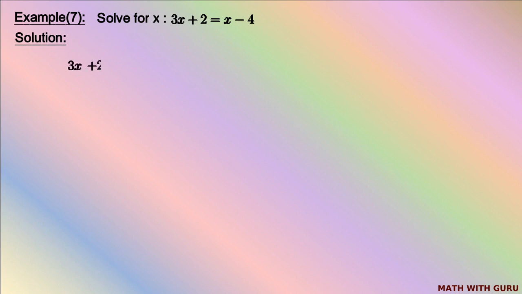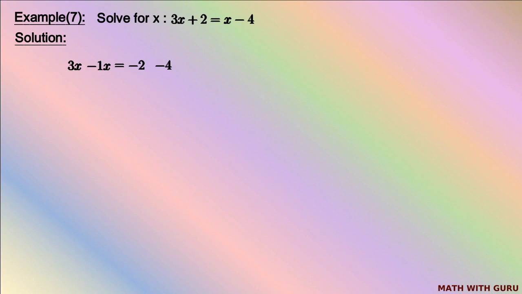Let us see. 3x plus 2 equals x minus 4. Now we group the like terms on the same side. 3x and x are the like terms. 2 and minus 4, they are also the like terms. Let us bring x, means plus 1x, to the left hand side and plus 2 to the right hand side.